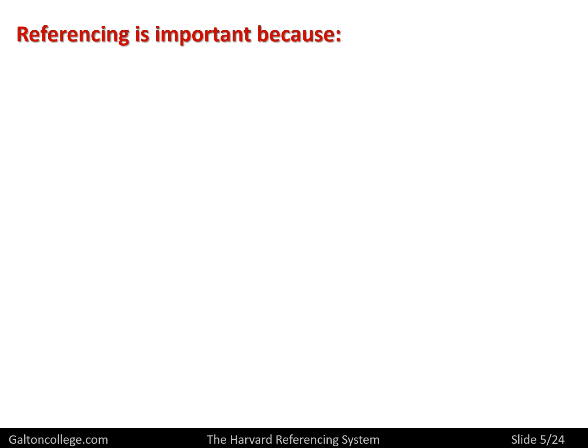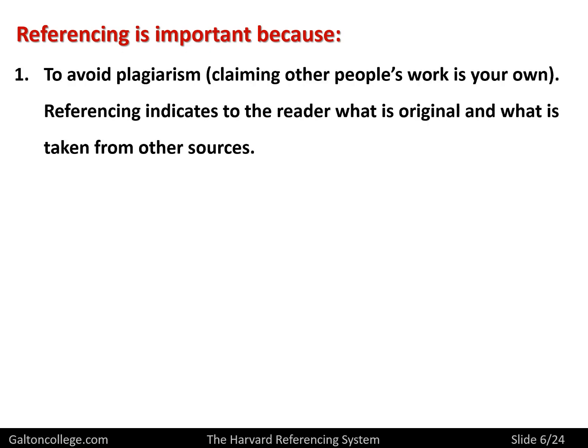So first of all, referencing is important to avoid plagiarism, that means claiming other people's work is your own, which is really tantamount to stealing. You're stealing somebody's ideas. But to avoid that, we use referencing. Referencing indicates to the reader what is original and what is taken from other sources.